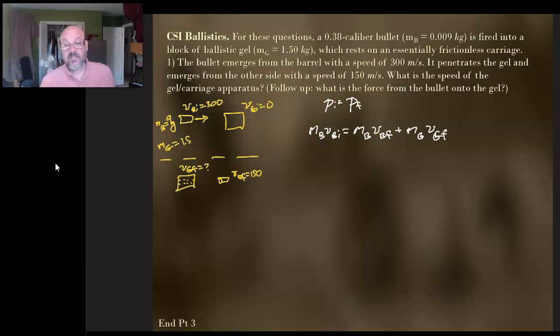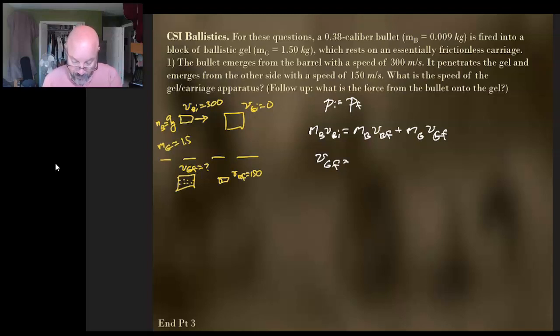Now we're looking for VG. Again, there's some algebra involved here. Work through it, make sure you can do it quickly and easily. And once you get through that, this is what you're going to get.